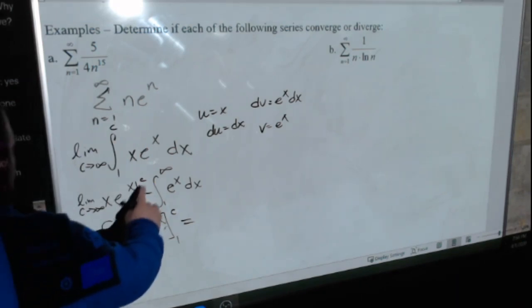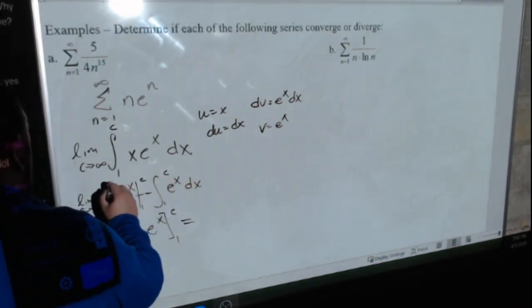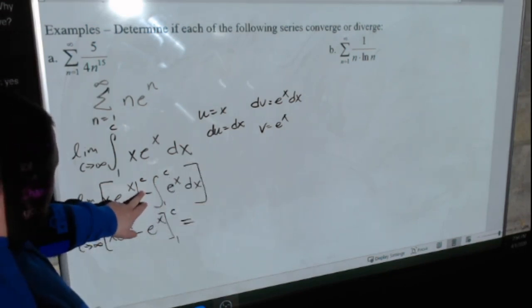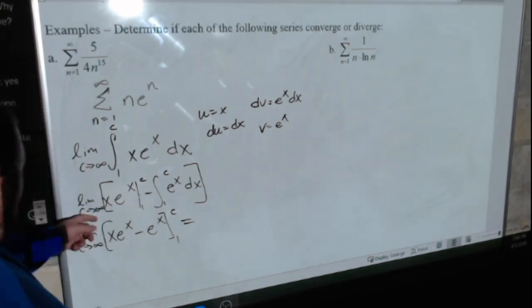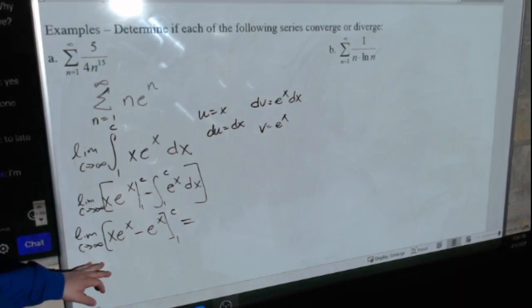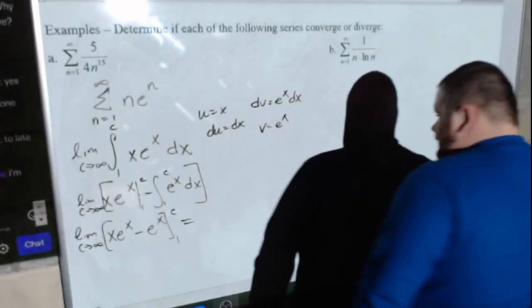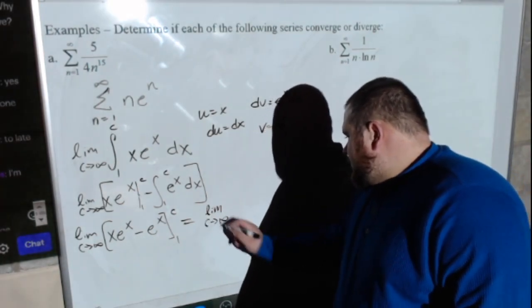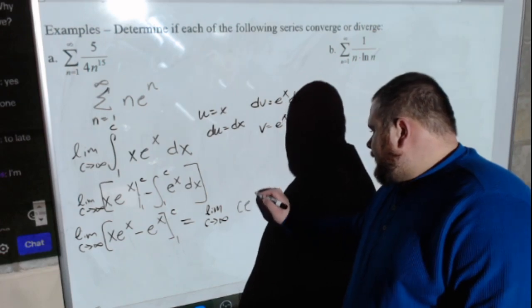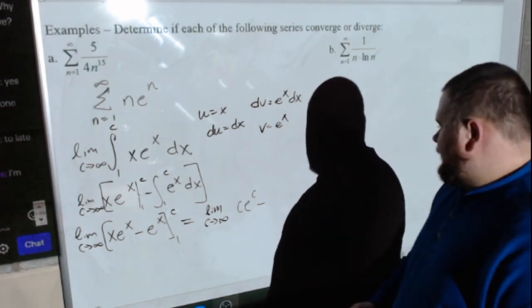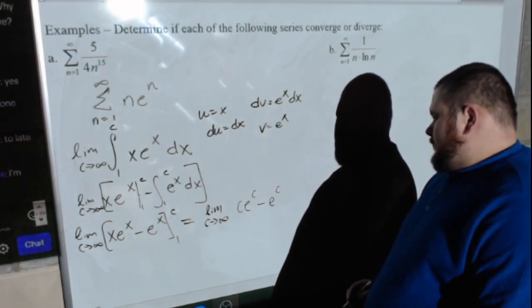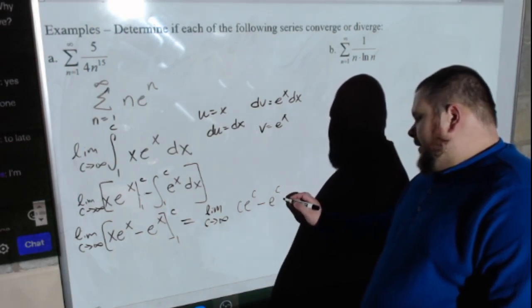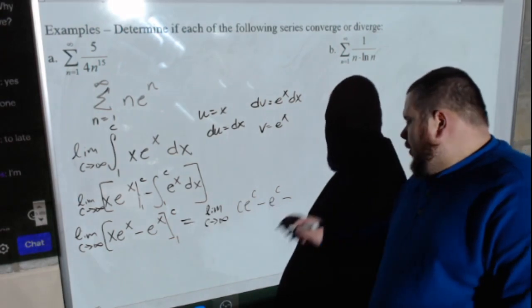Okay. So I just changed my infinities to c, and I'm now taking the limit everywhere. So let me plug in now. Then I would do minus, plug in 1.